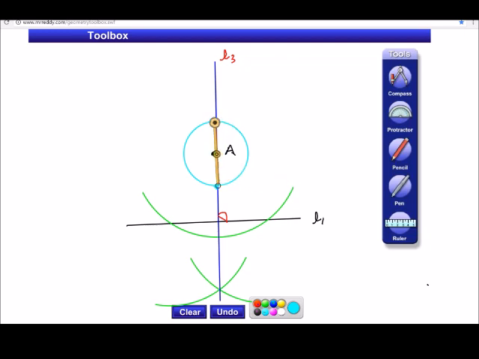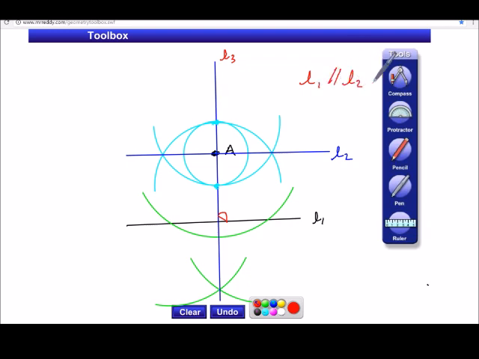Set my compass length, crosses down below, crosses up above. Go to the other side, crosses up above, down below, and now simply draw my line through there, and this is L2. So we can say that L1 is parallel to L2.